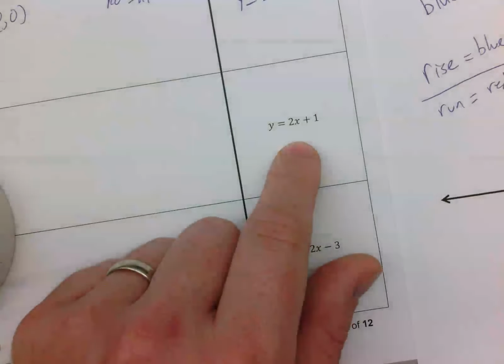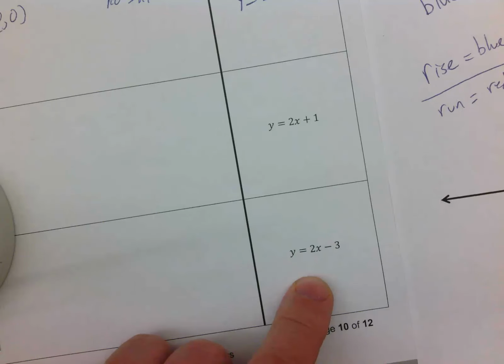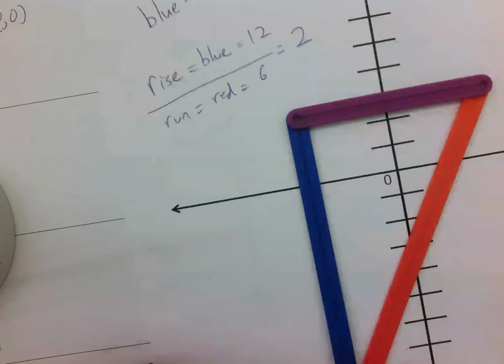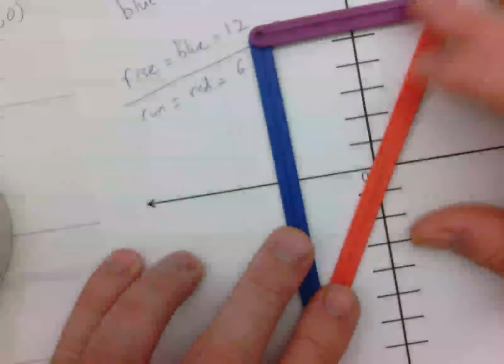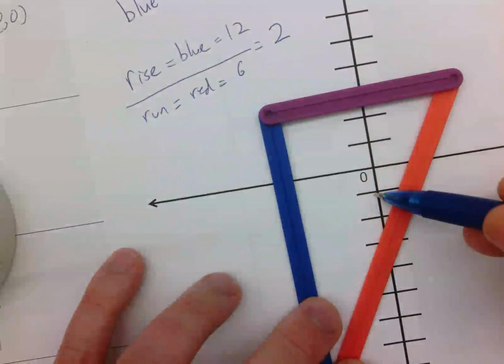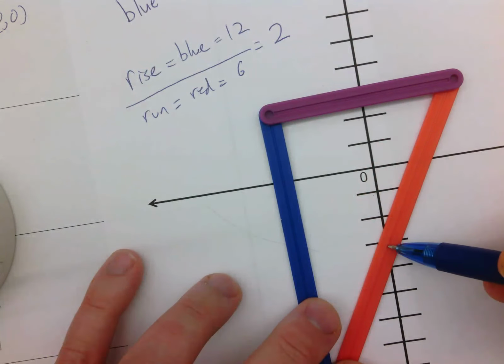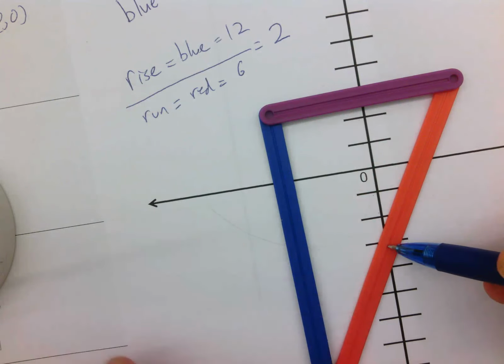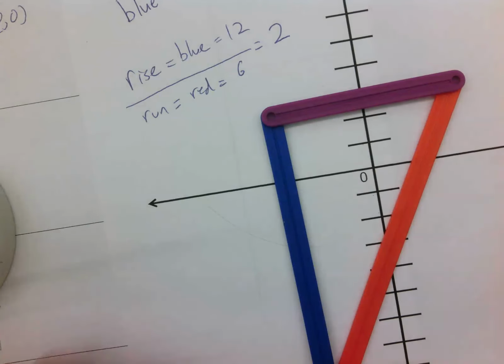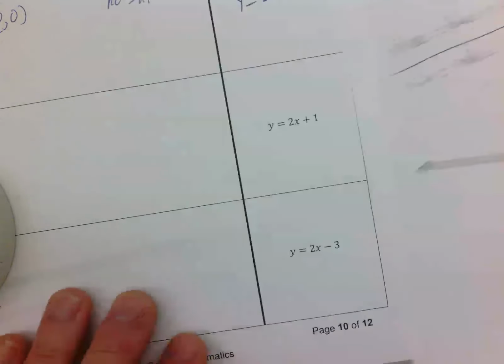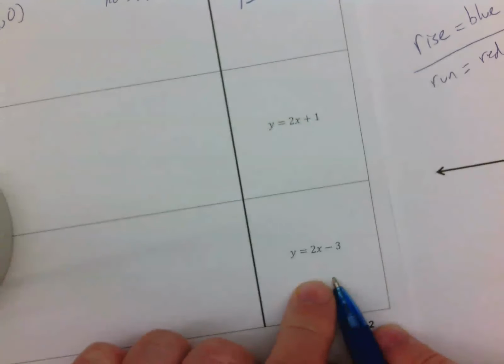Which equation is that? Is it y equals 2x plus 1 or y equals 2x minus 3? I shift the original function down 1, 2, 3 points, so it crosses the y-axis at -3. So that one is y equals 2x minus 3.